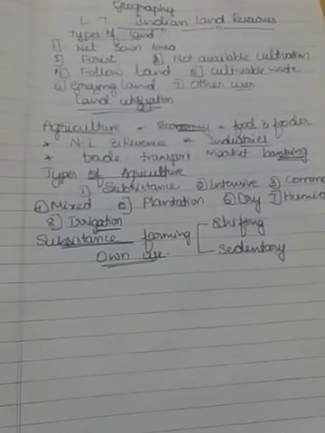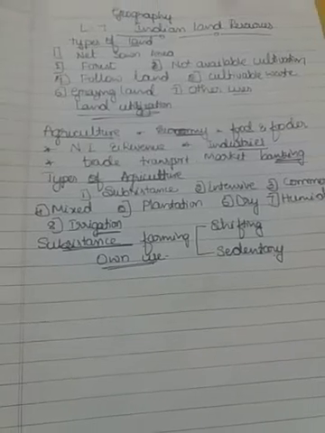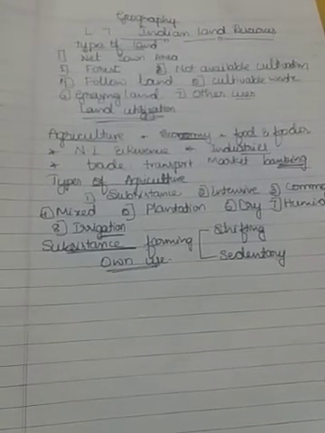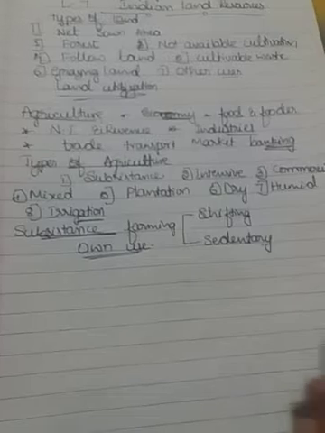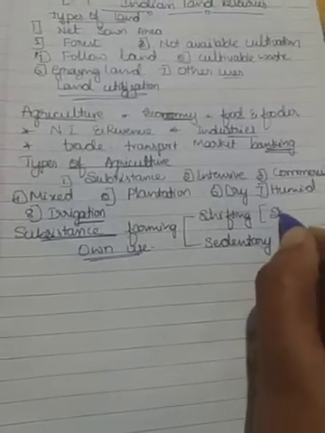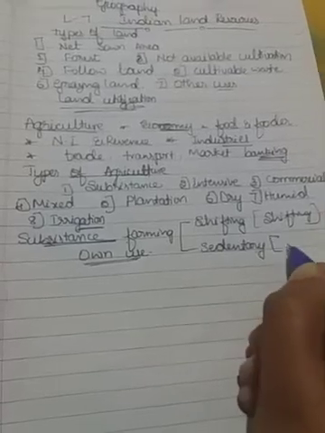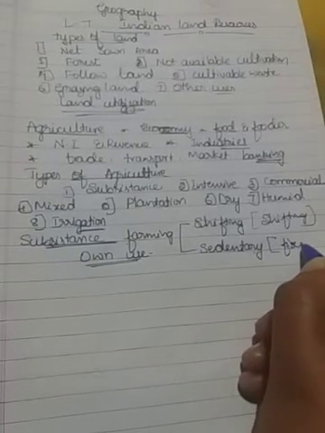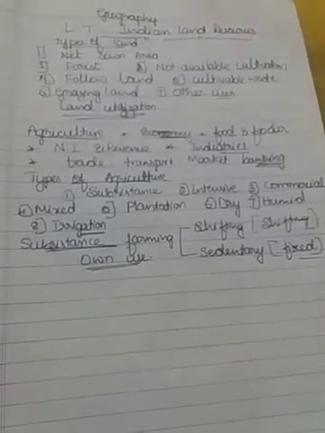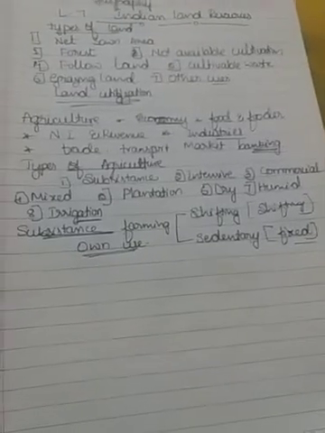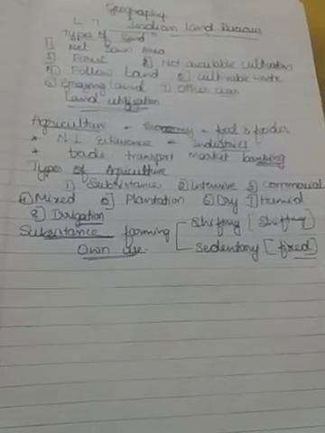And what is sedentary farming? Sedentary farming in the sense cultivation of crops on a fixed land only, by increasing the fertility of the soil by applying manure, fertilizers, and everything.